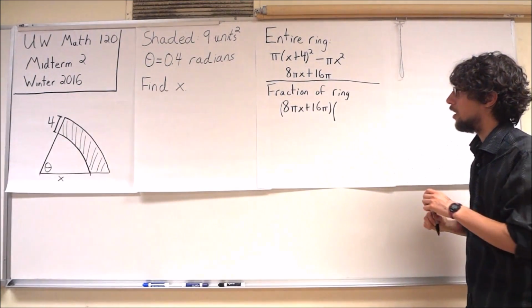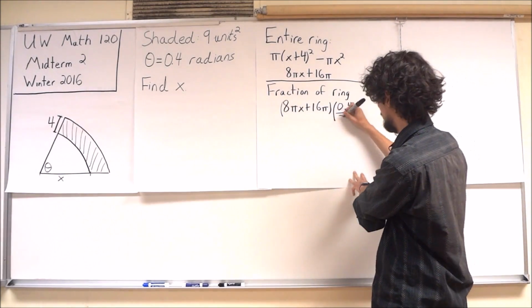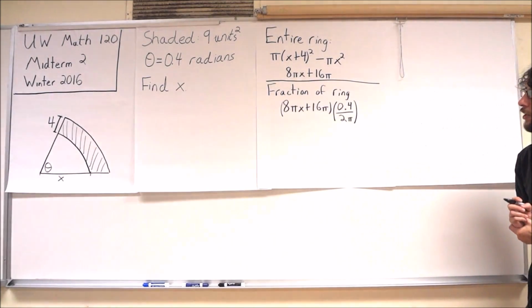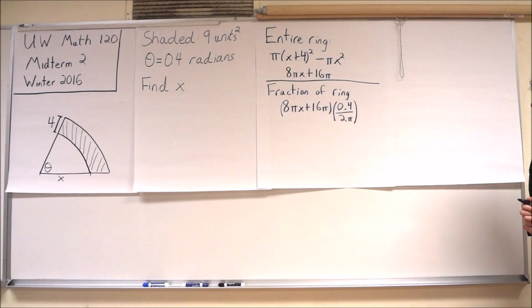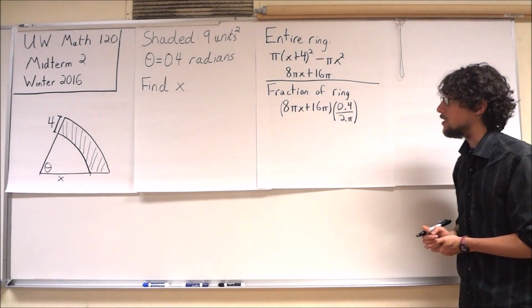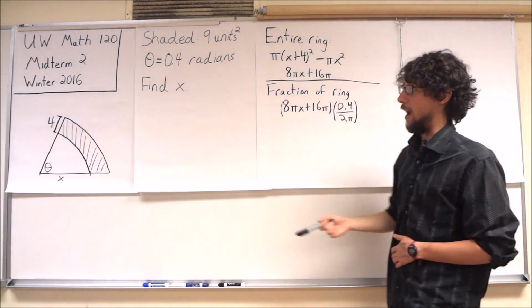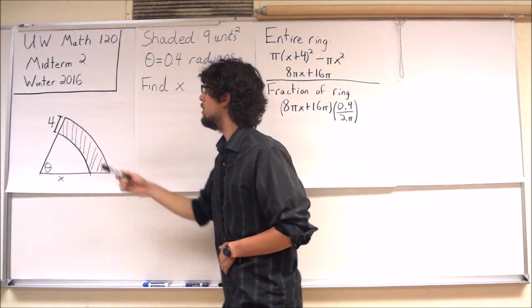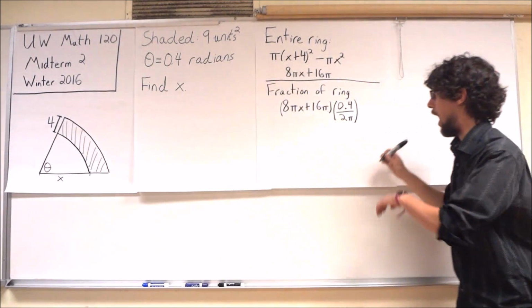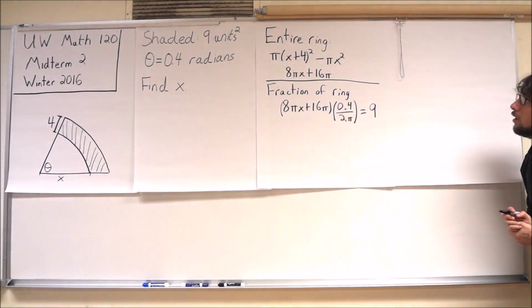So this is the area of the entire ring, and this is the fraction of the ring that we're actually dealing with. And I know the area, in fact, of this shaded region here. We're given that it is 9 square units.